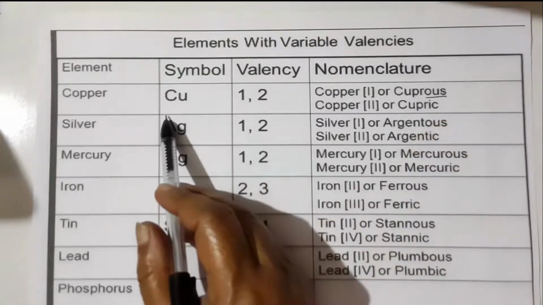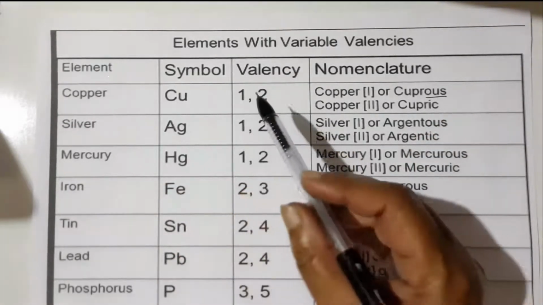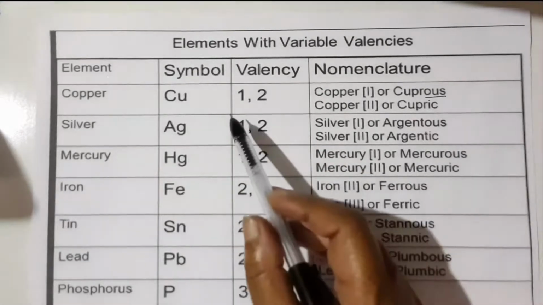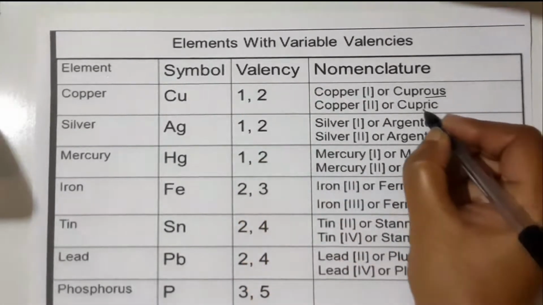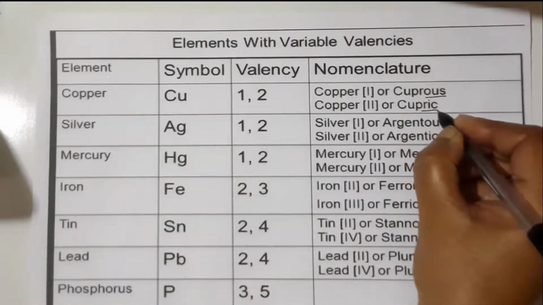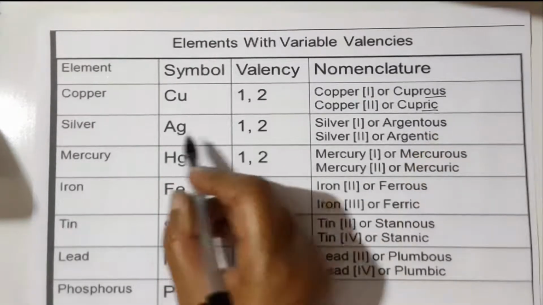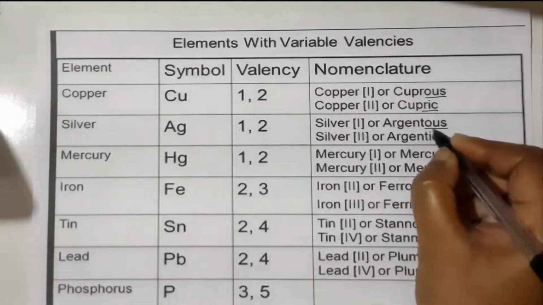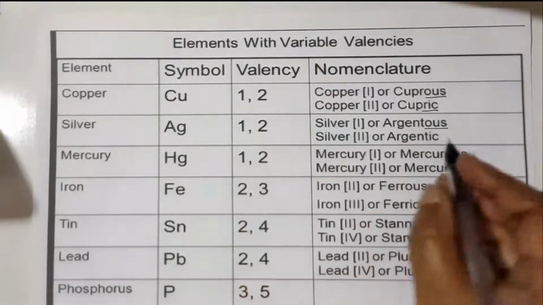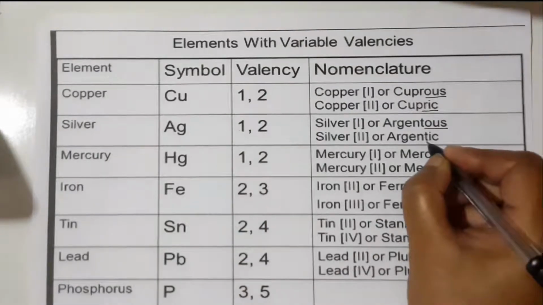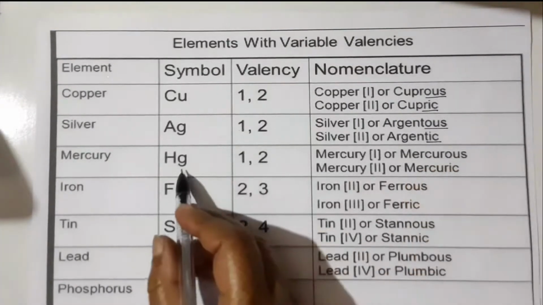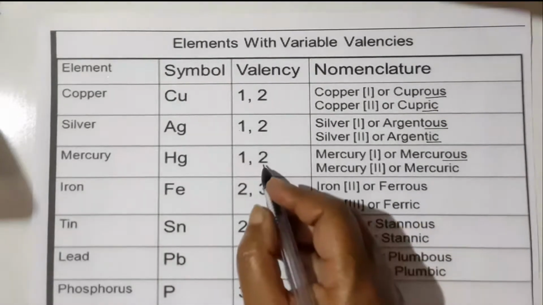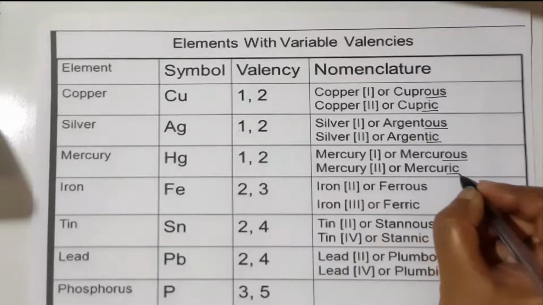If copper is showing two valencies 1 and 2, the valency of copper as 1 will be named cuprous, and the valency of copper as 2 will be named cupric, IC. Similarly for silver, lower valency 1 is named OUS, that is argentous, and higher valency is named argentic. Similarly for mercury, lower valency 1 is OUS, higher valency 2 is IC.